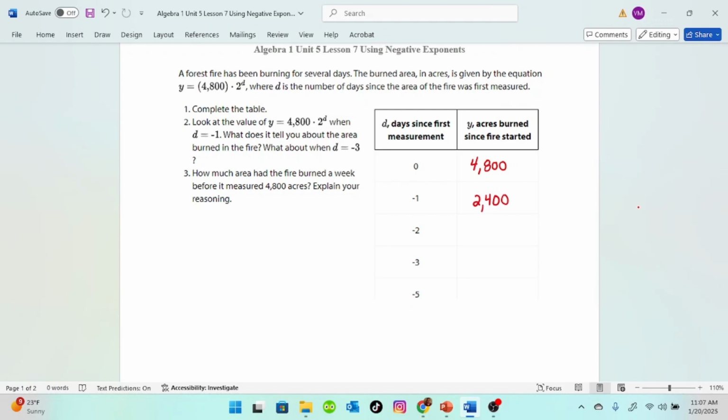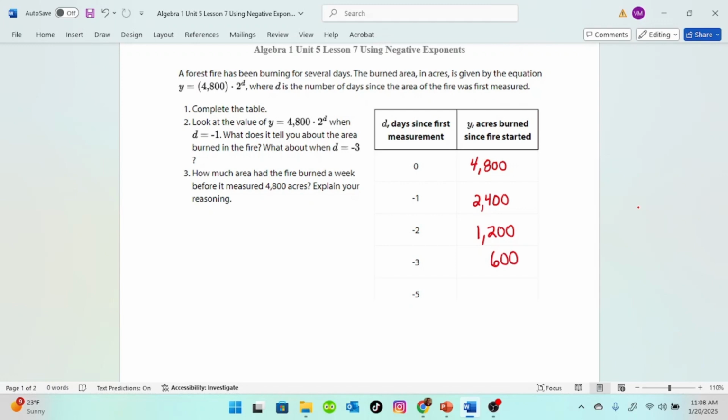Now, if we use a -2 exponent, we're going to go back another day. We're going to cut this acreage in half again. So now that's 1,200. We go back to 3 days before. We're going to cut this in half again. And that was 600 acres.